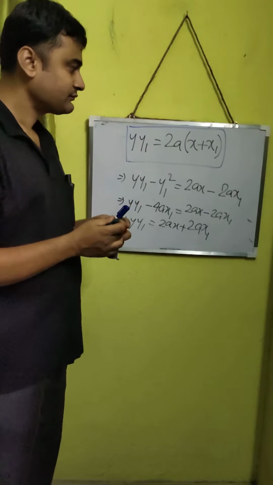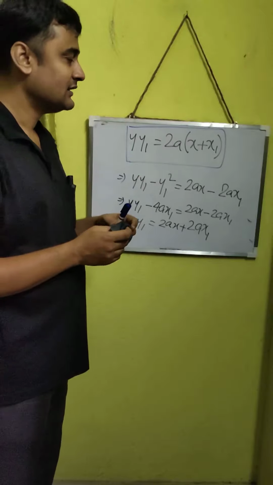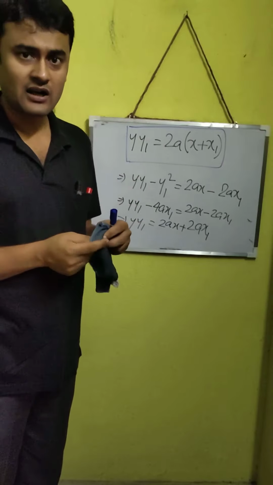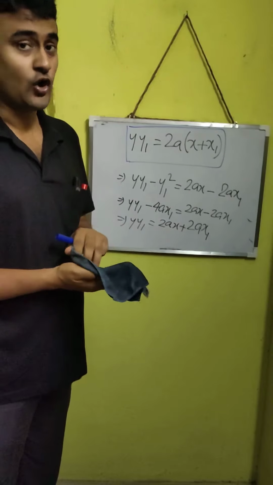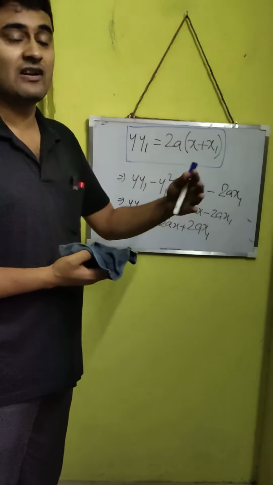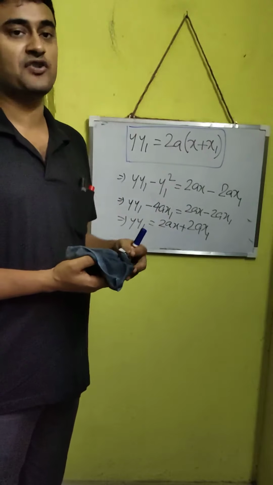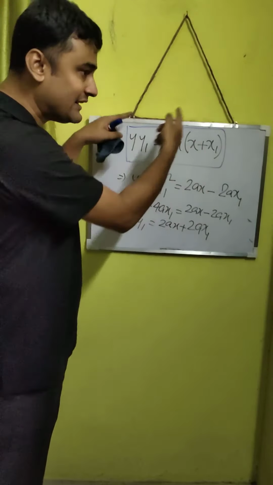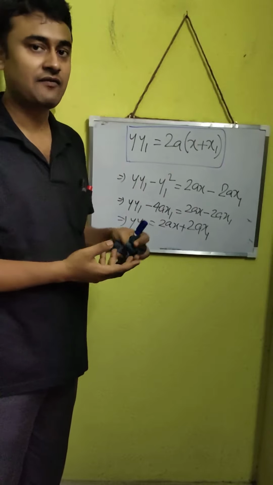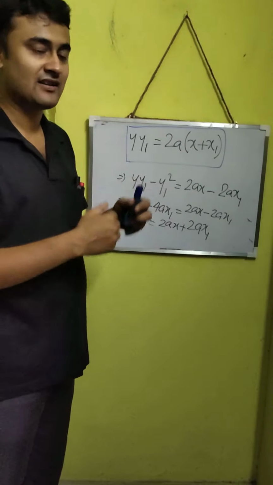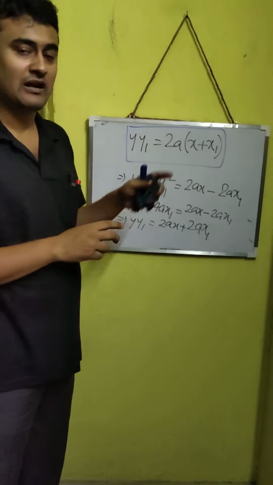Okay, now there is a short way to remember, not to calculate. If a question asks you to find out the equation of a tangent, you need to do all this stuff. You need to derive it, find the derivative of the given curve, put the value of x1 or y1, find the slope, and then use the point slope form to find the equation.